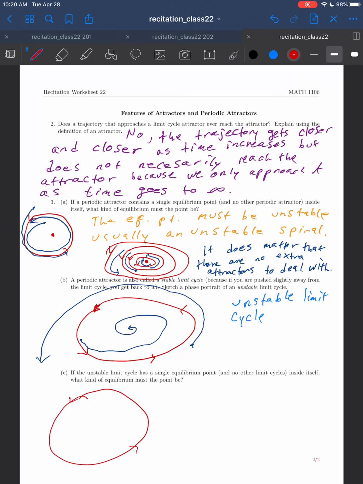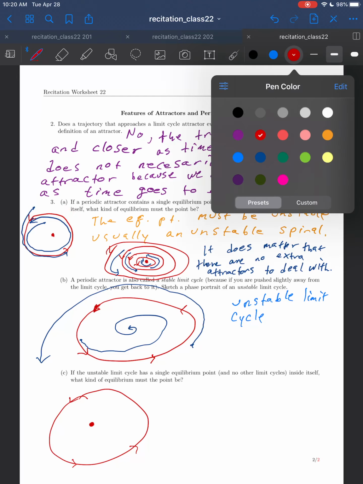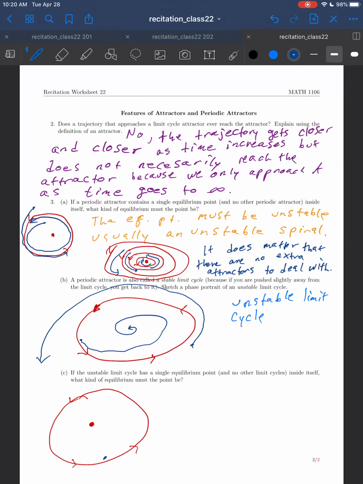Now let's say this is our unstable limit cycle, with an equilibrium point inside. What kind of equilibrium point must this be? Well, it's going to be sort of an opposite situation to part A. Here we have a point, and it's going to move further away from the limit cycle.